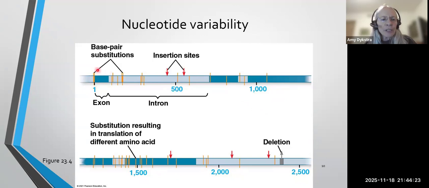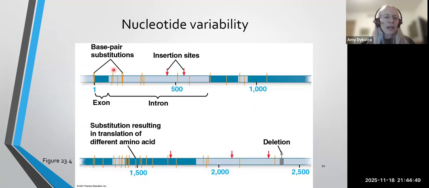The dark blue regions are the exons that are going to be expressed. And then the more gray regions are the introns that will be snipped out in RNA processing and won't be translated and won't be part of the protein product.